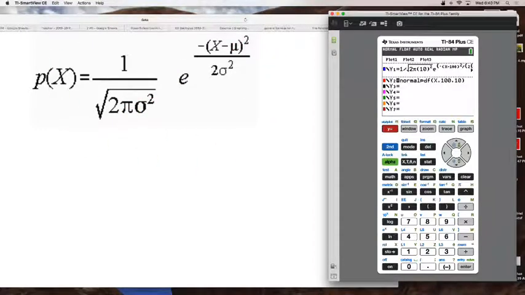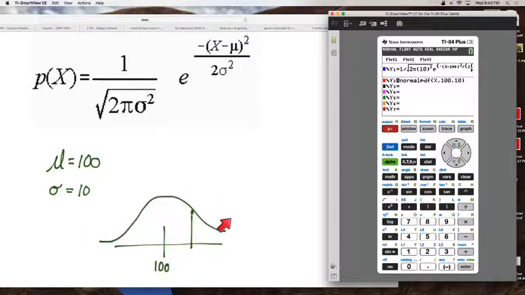So, if I were to graph this function, supposing that we go with the IQ standard, where the mean is 100 and the standard deviation is 10, then I'm going to see a curve that's going to bell out and maximize at 100, and then at 90 and 110, I'm going to see inflection points.